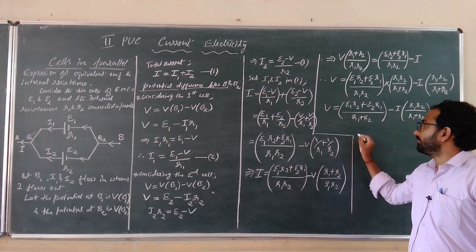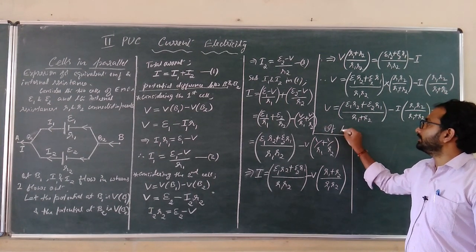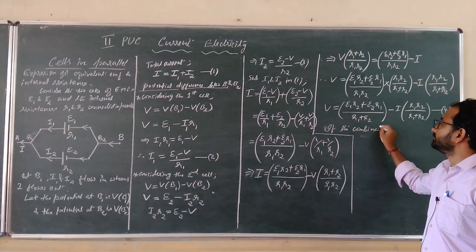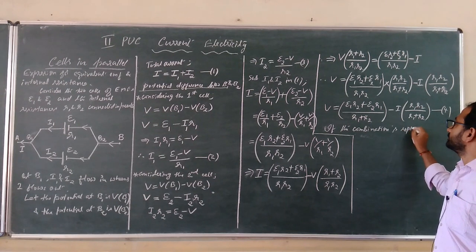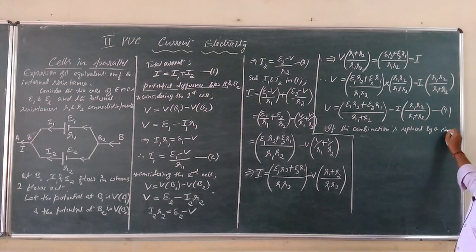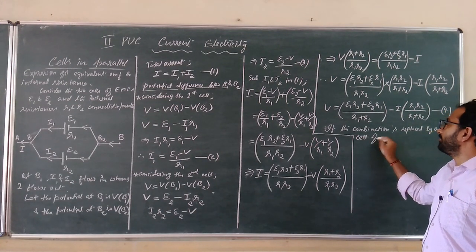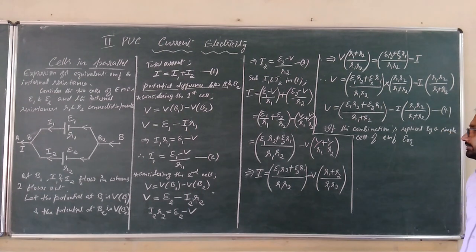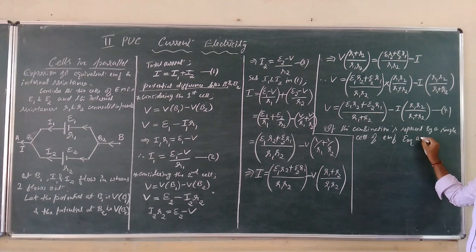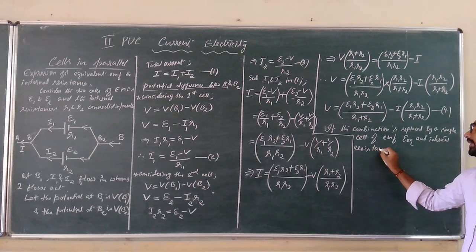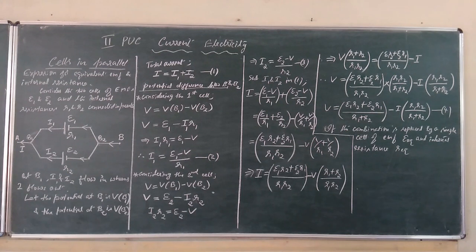So now if the combination is replaced by a single cell across those 2 points B1 and B2, by a single cell of EMF E equivalent and internal resistance R equivalent, such that it also sends the same amount of current as the combination does to the same external circuit.